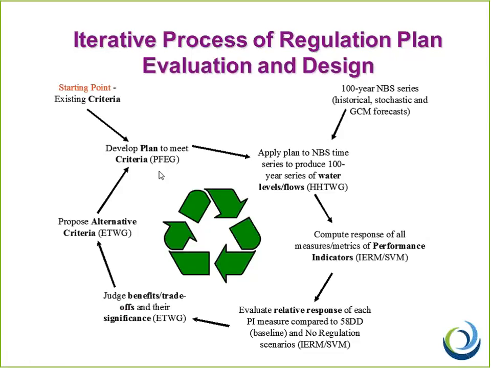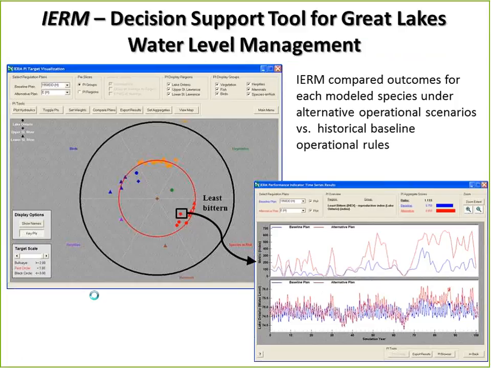Let's say we'd identified that the least bittern was the species in the most trouble. Then a plan was developed that would better encourage its breeding, and fed again through the water level. And in making these changes, it was really a combination of judgments by technical people and non-technical people to decide how to improve things. This is a bullseye diagram that was used to assess progress.